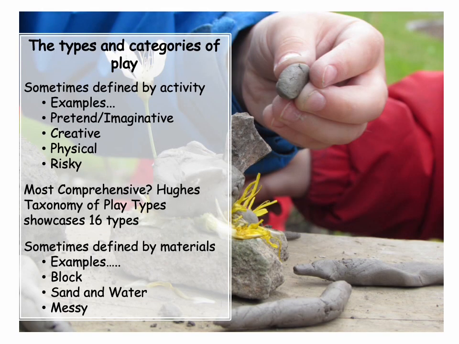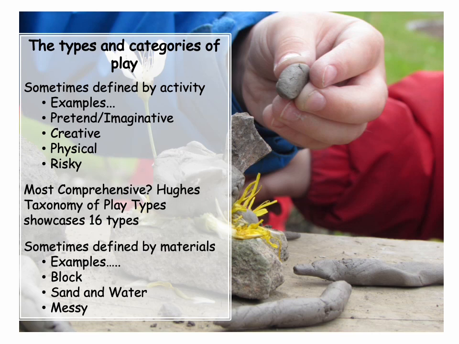So the types and categories of play sometimes can be defined by the activity. For example, you might see pretend, imaginative, creative, physical, risky, dependent on a particular activity that they're doing. So it can go over different types and categories.